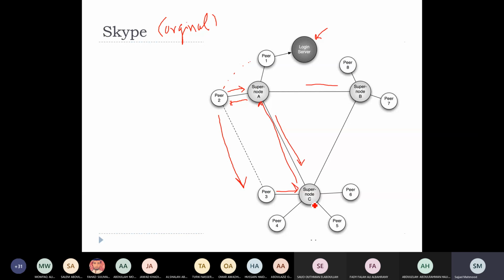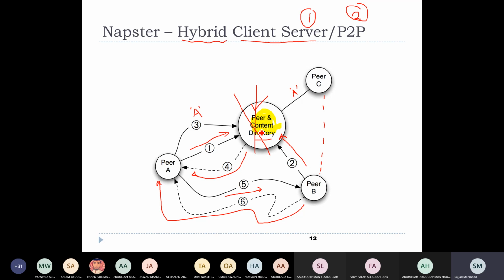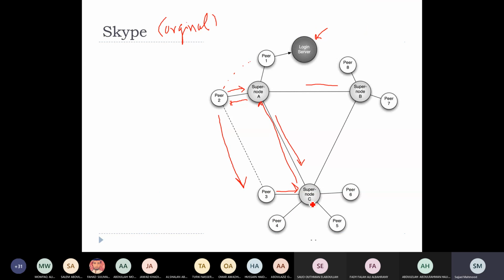Now, these supernodes, their contents are also replicated. So unlike Napster, where you had only one content directory, here the idea was that this is the way they extended it. They took the idea of Napster, but they extended it and came up with their own solution. The content of these supernodes is also replicated, right? So if one goes down, the replica will kick in.